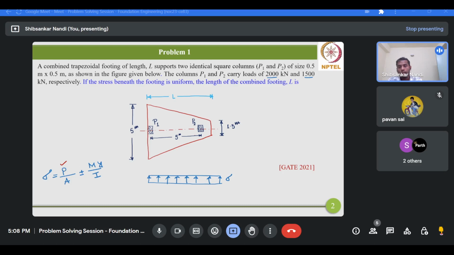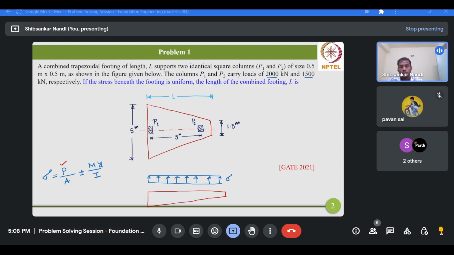So if you divide the total load supported by the footing by the cross-sectional area of the footing, then the stress which you will get will be uniformly distributed along the base of the footing. Now if you consider any stress due to applied moment, then you will get something like this type of distribution.